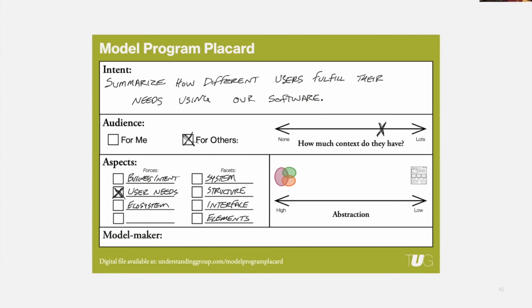We could be talking about the system level. We could be talking about the structure of the software, how it's put together. We could be talking about the interface of the software. We could be talking about a particular button or button style. So this is the breadth of all the things we could be talking about, and we lay them out so that we can say, we're not talking about that, and we're not talking about that, and we're not talking about that. We're really only talking about user needs for this particular model.